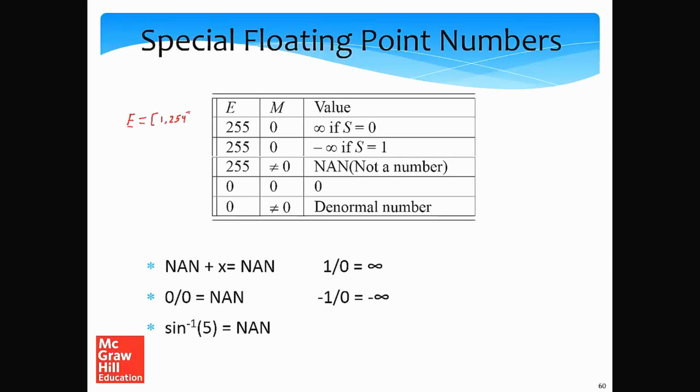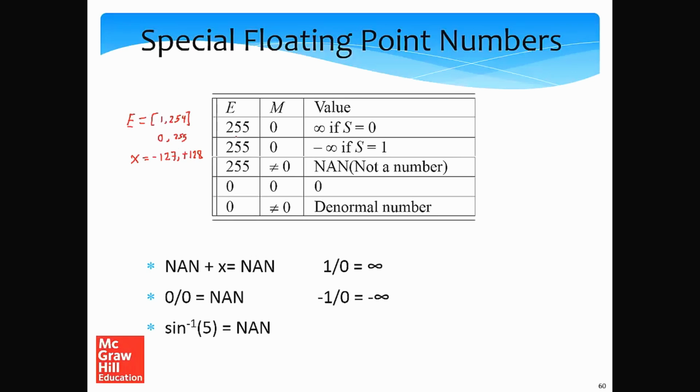So the values that we are excluding are 0 and 255, which basically means that exponents with a value of minus 127 or plus 128 are not allowed. If they are not allowed, what does it mean? It means that we are using these values for denoting something special.